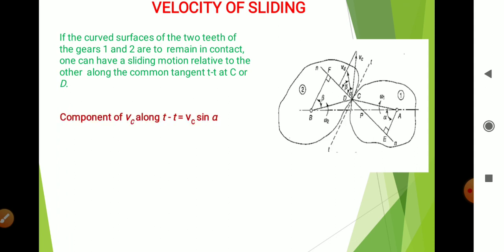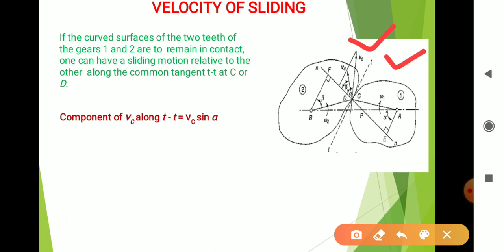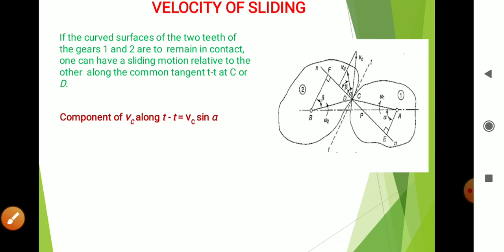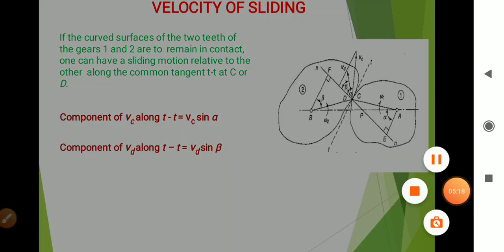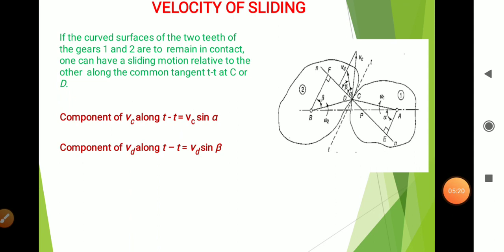Okay, the component of VC along TT is equal to VC sine alpha. So, see here, the component of VC along this tangent TT, what is the value? VC into sine of alpha. Okay, this is a component. Okay, next, the component of VD along TT is equal to VD sine beta.